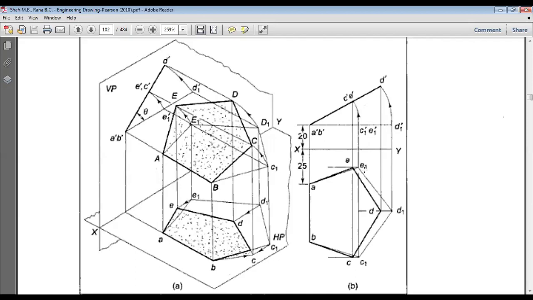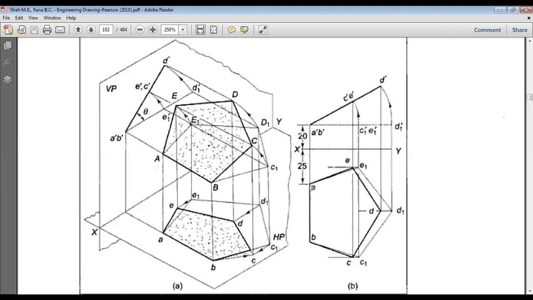So first you have to draw this pentagon. You just assume that this is not in an inclined position, just parallel to the horizontal plane, and in the same way you will first draw this figure: A, B, C1, D1, E1. Actually, it is supposed to be, why is it A, B?